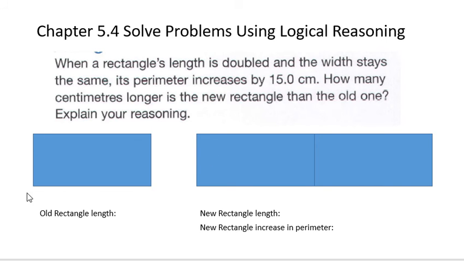But let's see if we can figure out if there's any common area. This side and this side are the same, so they give the same amount to the rectangle in terms of the perimeter. This side and this side give the same amount. This side and half of this side give the same length.